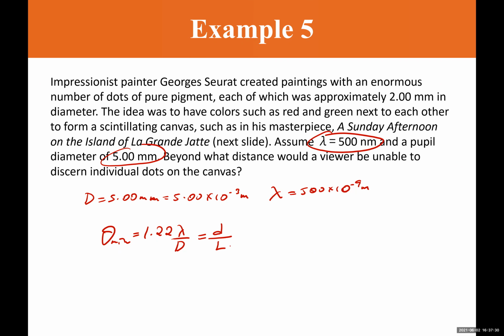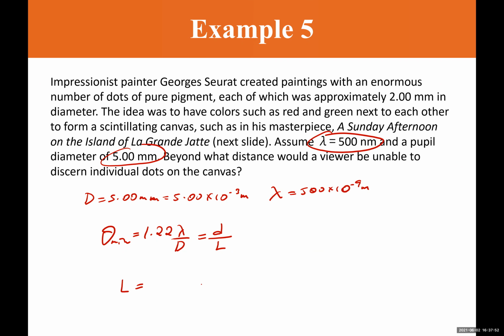If this is the slit and this is the screen, this is the L. But talking about the human eye, here's the pupil. So how far away should you be in order to not be able to see those dots?